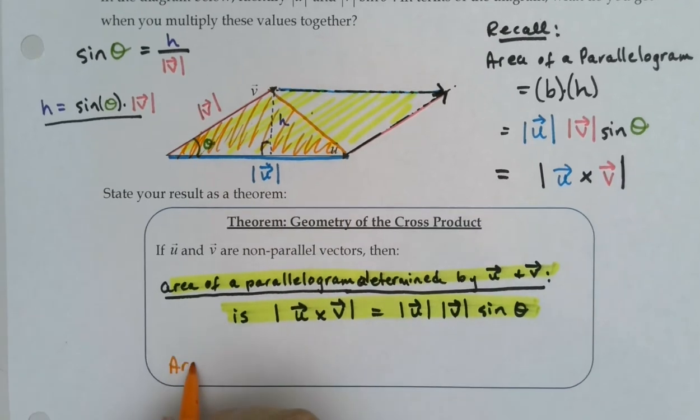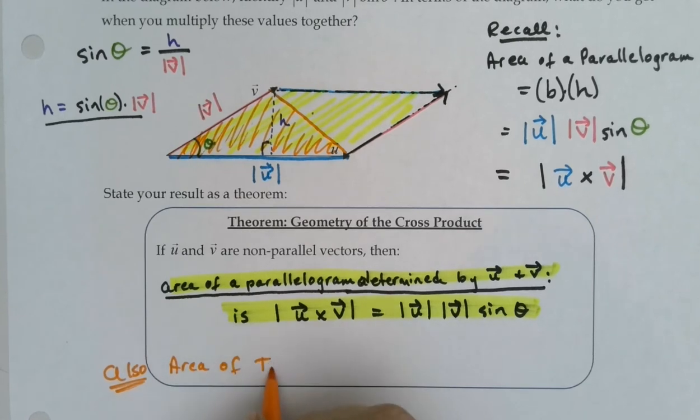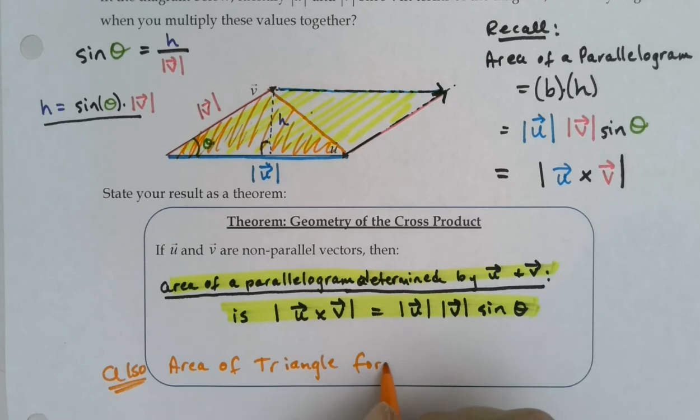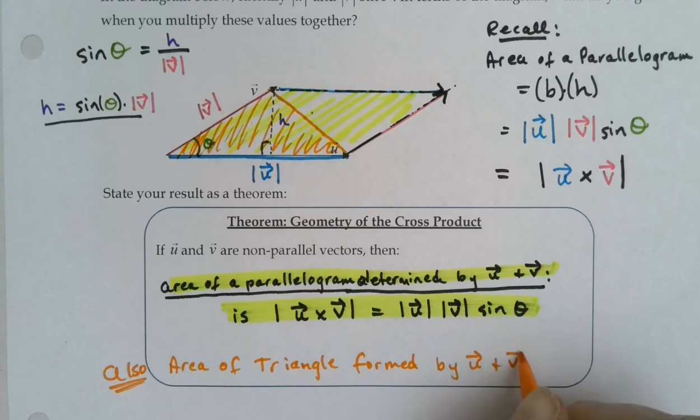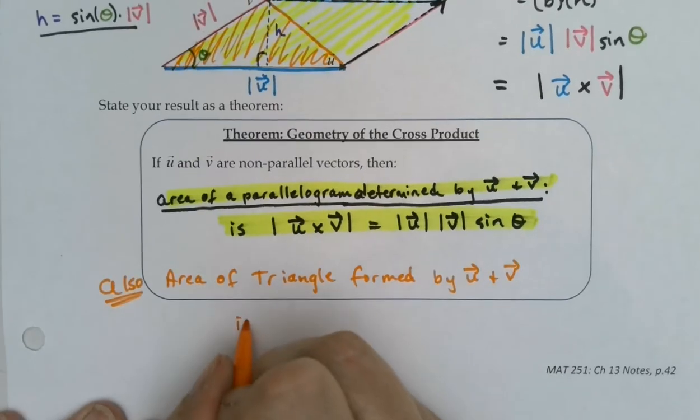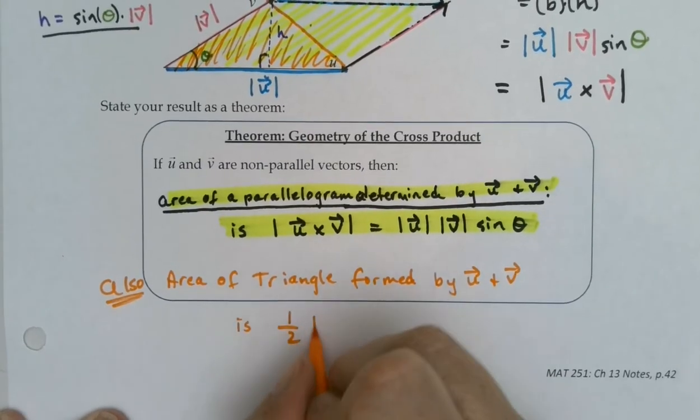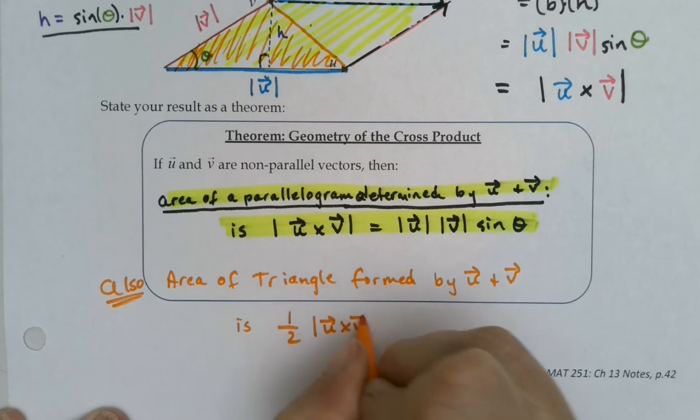So the area of the triangle formed or determined by u and v is half the magnitude of u cross v.